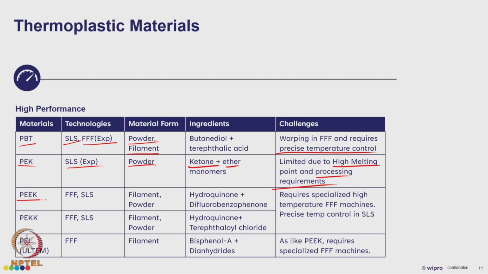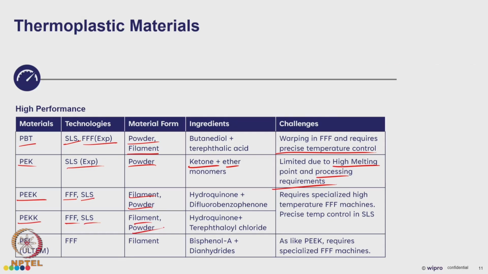The next material is PEEK, which is very common in the medical industry, and we could see that FFF and SLS technology are being used here. Same thing, filament and powder, which is the same for PEKK material also.